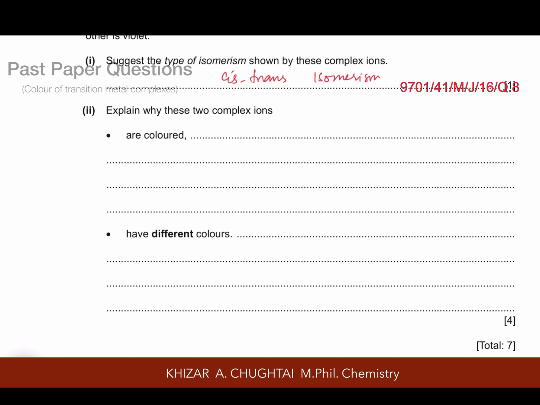Explain why these two complex ions are colored, and the second one is why they are going to have different colors. So the first part is basically why they are showing the color. There is a general reason why they are colored.